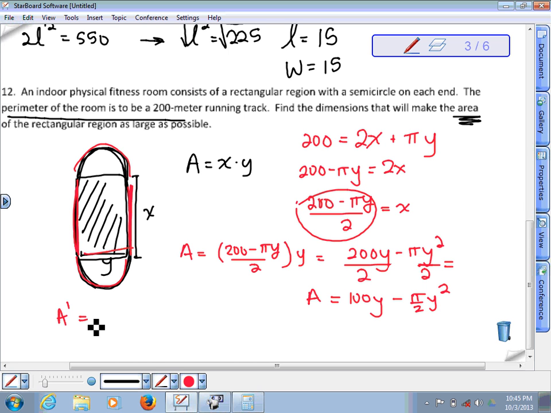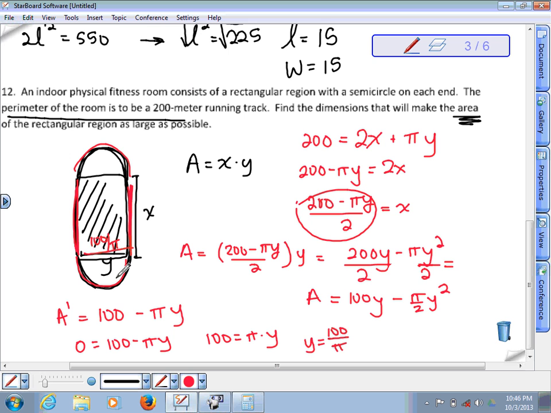So A prime is equal to 100 minus pi times y. If we set this equal to 0, that means that 100 equals pi times y, divided by pi, and y equals 100 over pi. That's this part right here, 100 over pi.